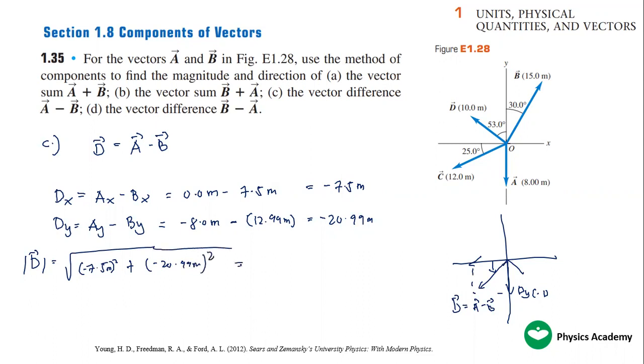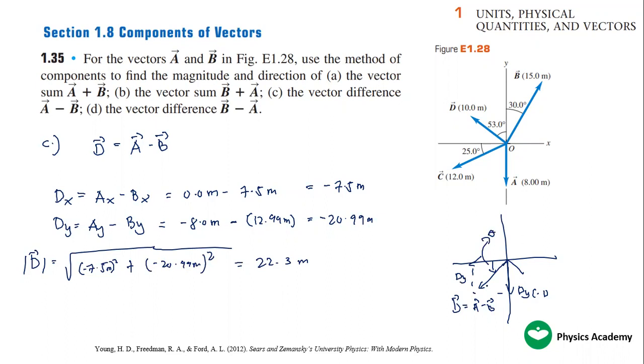The square root of negative 7.5 squared plus negative 20.99 squared gives us a magnitude of 22.3 meters.